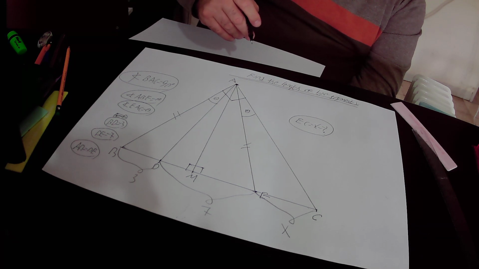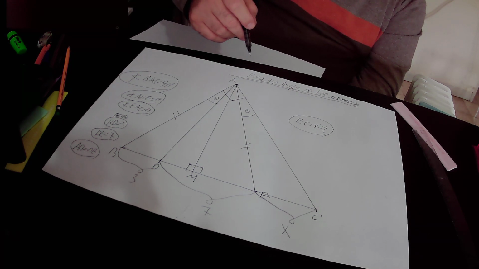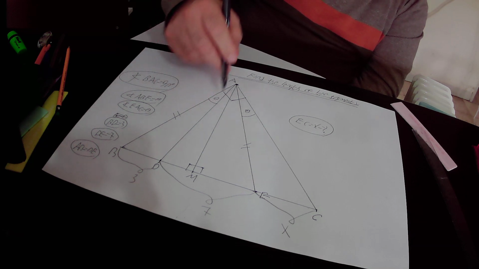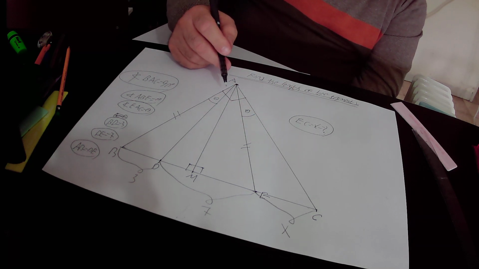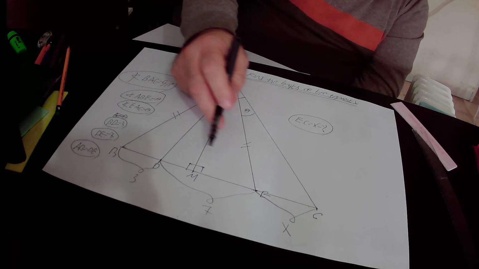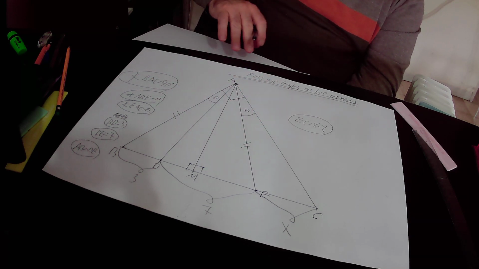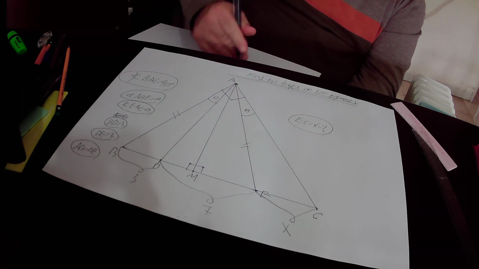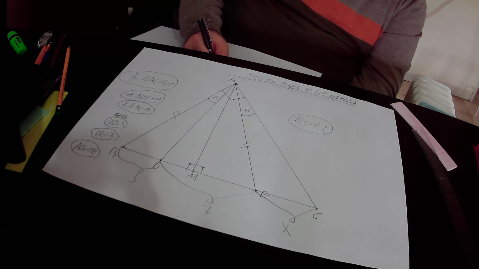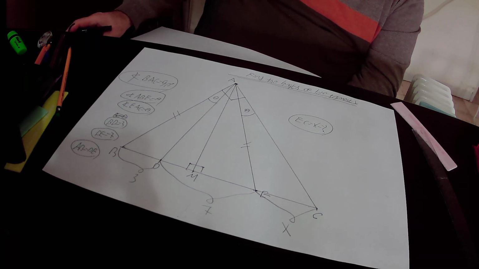The area of triangle ADE, or DAE, will be equal to the base of the triangle, that is DE, times the height to the base.